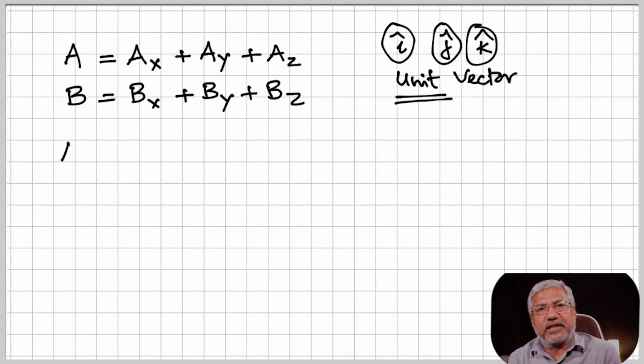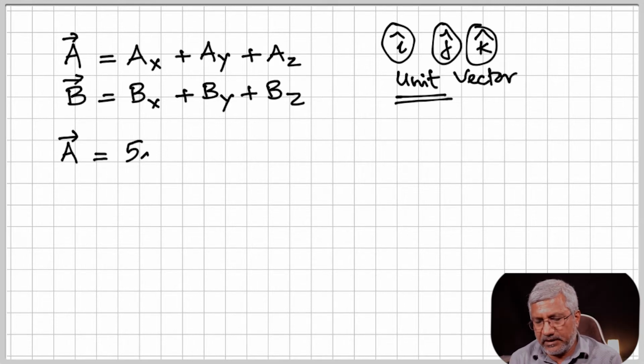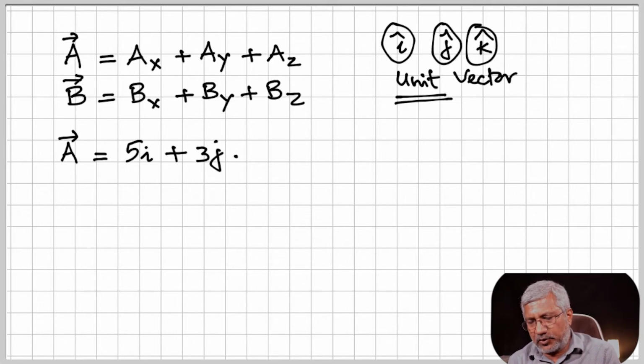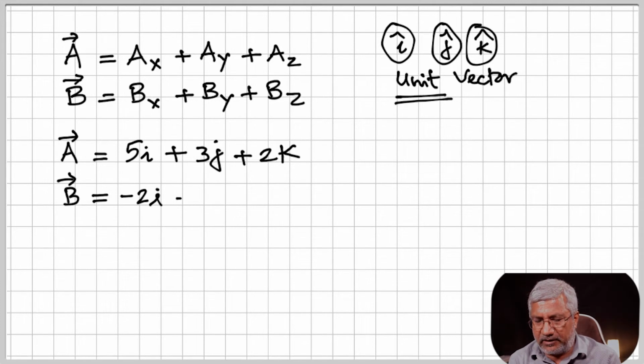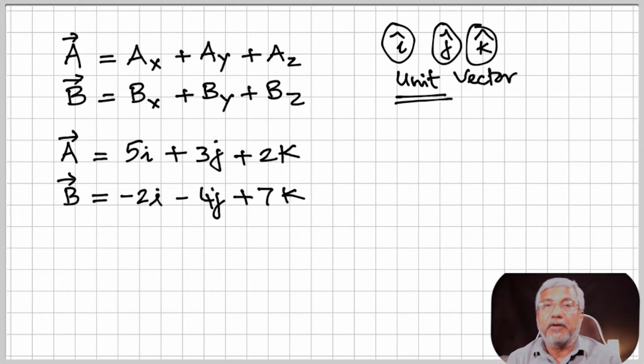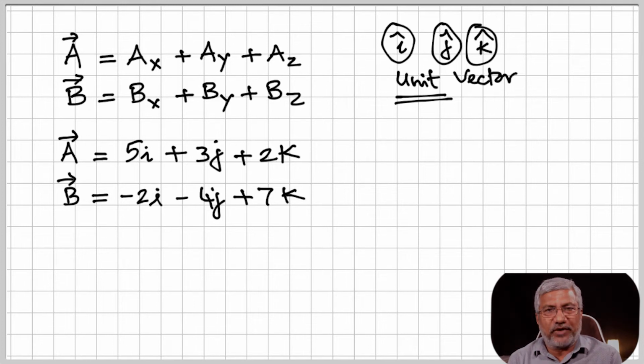I'll give you an example. Let's say vector A is 5i plus 3j plus 2k, 5, 3, 2. Those are the numbers that just popped up in my head. And then B is negative 2i, negative 4j plus 7k. How do we add these two vectors? It's so simple.